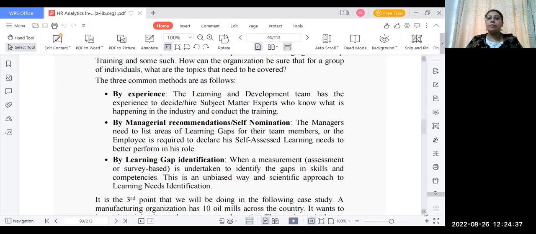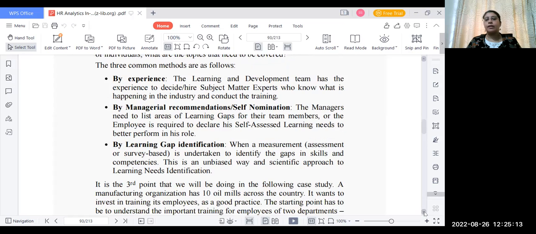You can also do it by managerial recommendations or self nominations, when the managers need to list areas of learning gaps, or the employee is required to nominate himself into learning programs, or by learning need, or rather learning gap identification, where a measurement, which is an assessment or survey based measurement, is undertaken to identify the gaps in skill and competencies. This is an unbiased way and a scientific approach to learning need identification. And this is the approach that we will cover in the case study that we have here.